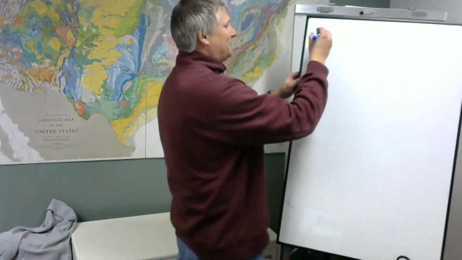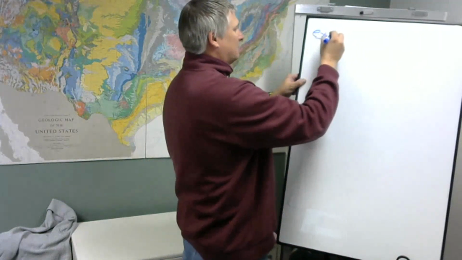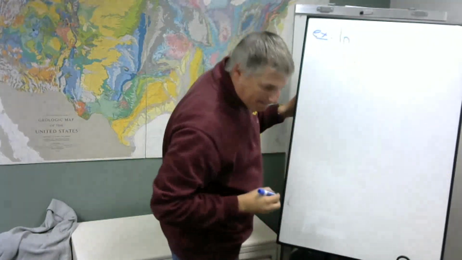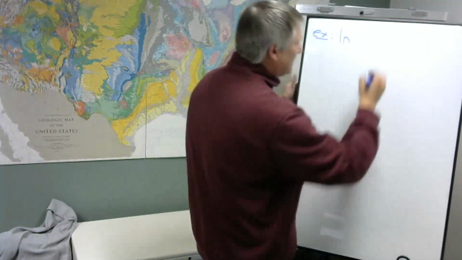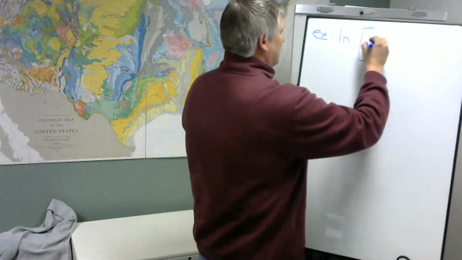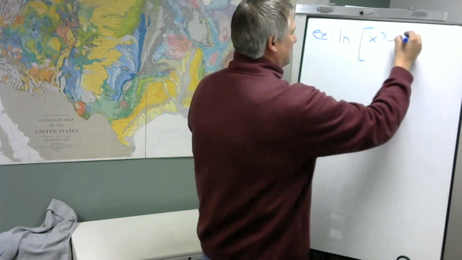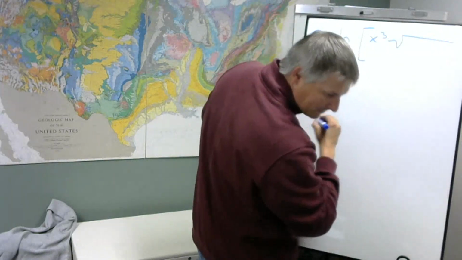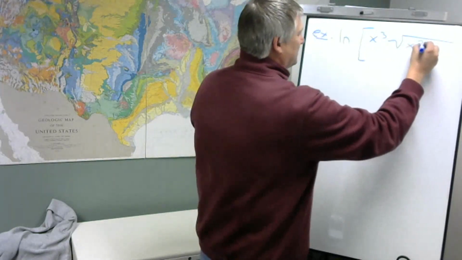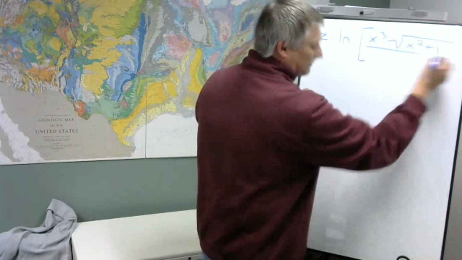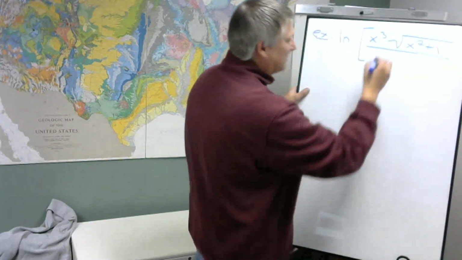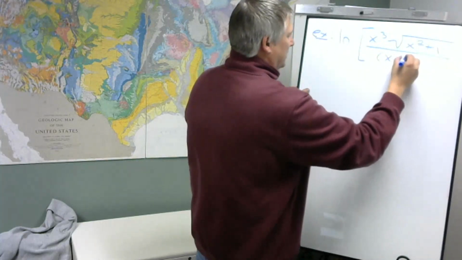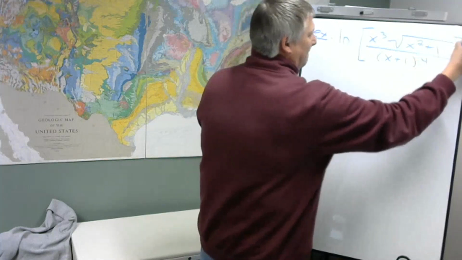You might get this: natural log of x cubed square root of x squared plus 1, over x plus 1 to the 4th.